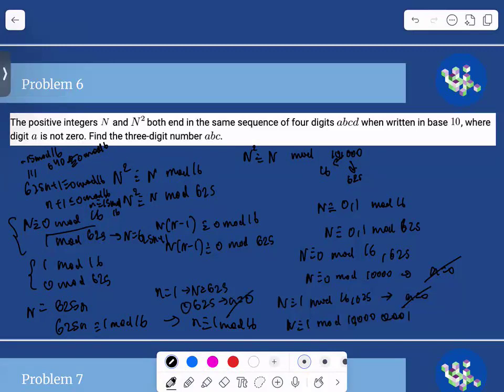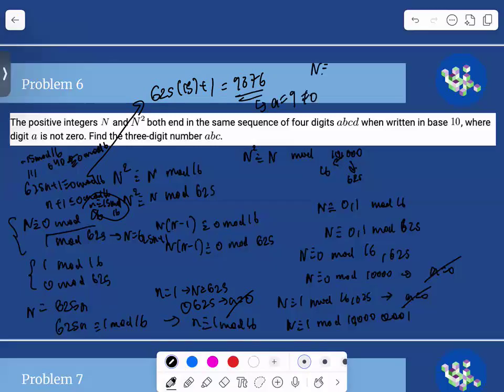However, if we use the first case, in which we got that n is congruent to 15 mod 16, then we would get 625 times 15 plus 1, and that gives you 9,376. And that would end up giving you a is equal to 9, which is not equal to 0.